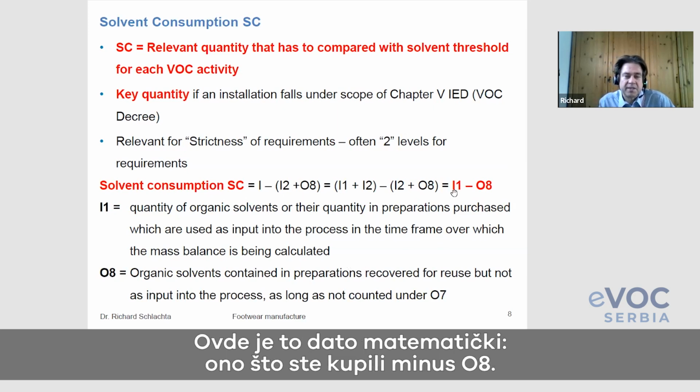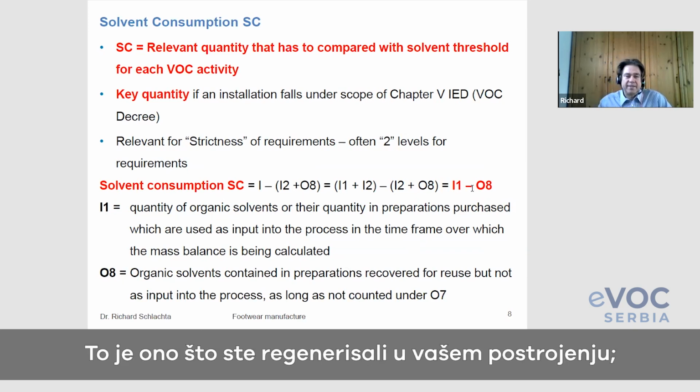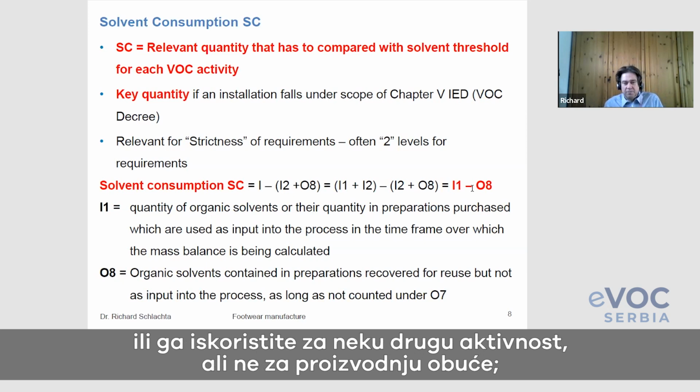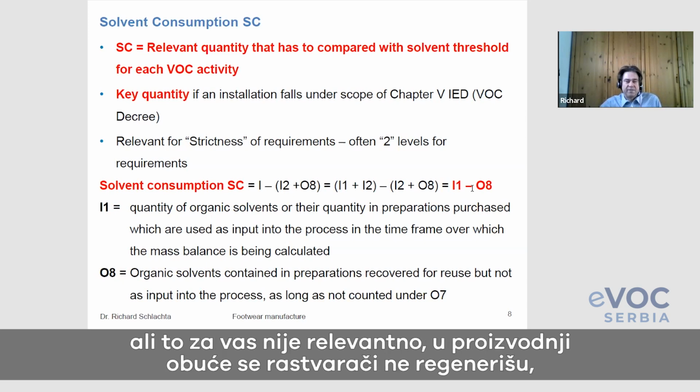So what is the solvent consumption? Mathematically, it is what you have bought minus O8. What is O8? It is what you have recovered in your installation. Like if you apply a distillation unit and you distill, you get back the VOC, the solvent, and you store the solvent, or you put this recovered material to another VOC activity. But for shoe manufacturing, O8 will play no role.